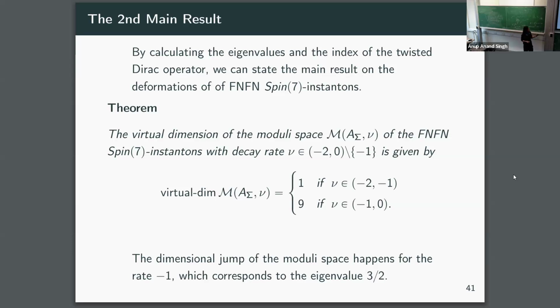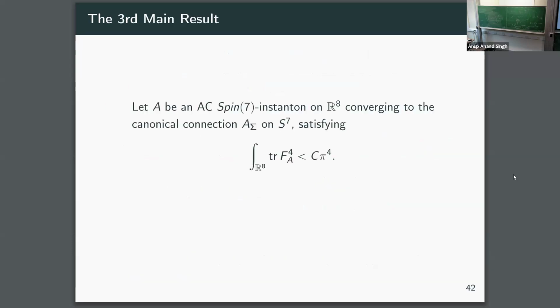And then I would use the Atiyah-Patodi-Singer theorem, and so other than the integral of the curvature term, which you have seen in the usual index, you have an additional eta invariant, which studies the distribution of the eigenvalues, because the eigenvalues are not symmetric because of this twisting by the bundle. I have the information about the moduli space of FNFN instantons. Voila. And I can do something better.